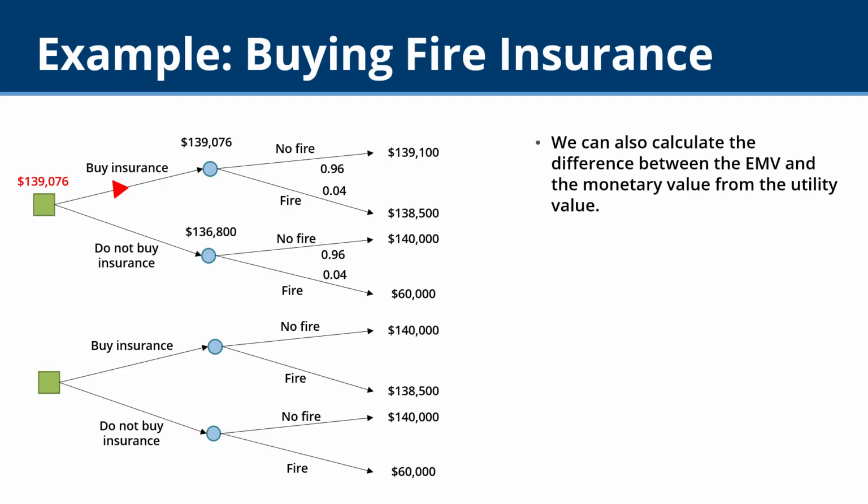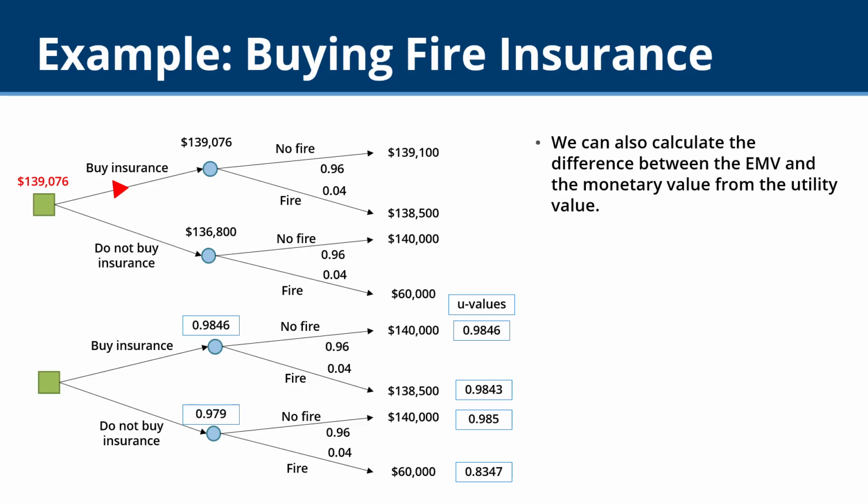We have the equivalent monetary values, and we converted these monetary values to the U values, or the utility values. Those are provided there. We did this on a previous slide.